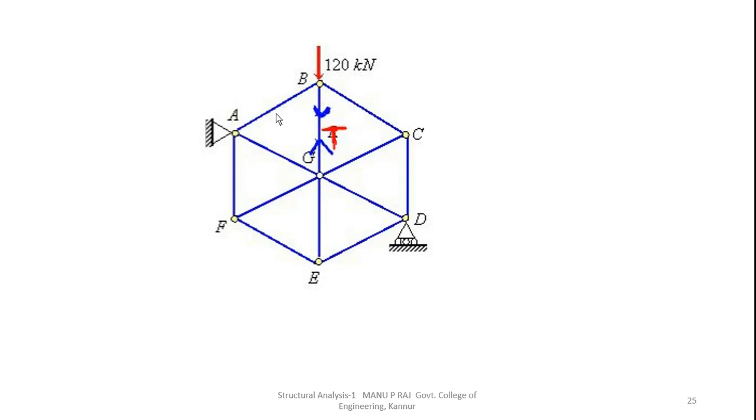Now we want to calculate the member forces in all other members AB, BC, and so on, using the method of joints in terms of this 120 kN external load and this T kN load. We will consider this T kN load as a redundant or external load, similar to this 120.